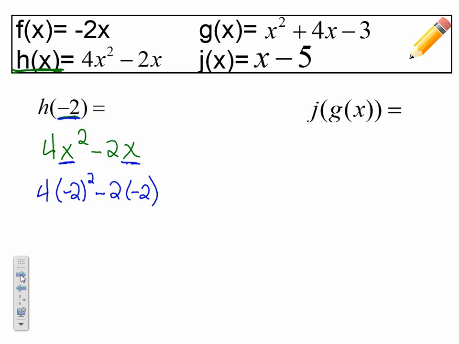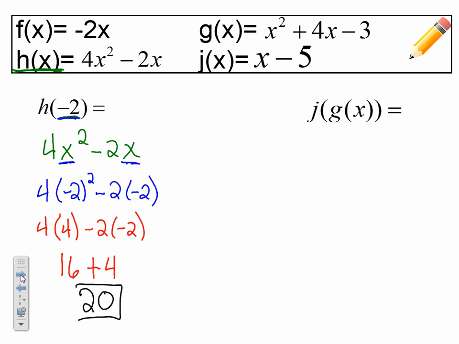I'm going to get 4, and now negative 2 squared is also 4, minus 2 times negative 2. Simplify some more. 4 times 4 is 16. Negative 2 times negative 2 is 4, so we're going to have a plus 4. And my final answer is going to be 20.